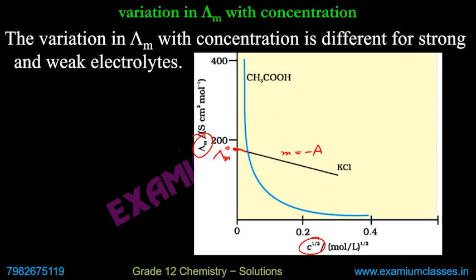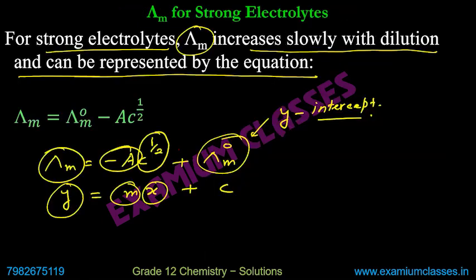So for this straight line graph of a strong electrolyte, you need to remember the graph as well as the equation: lambda m equals lambda m naught minus A C to the power 1 by 2. Direct numericals will be there based on this particular equation.